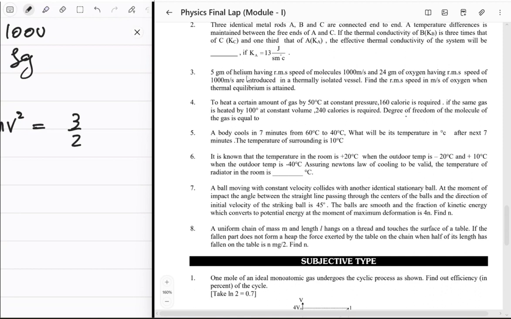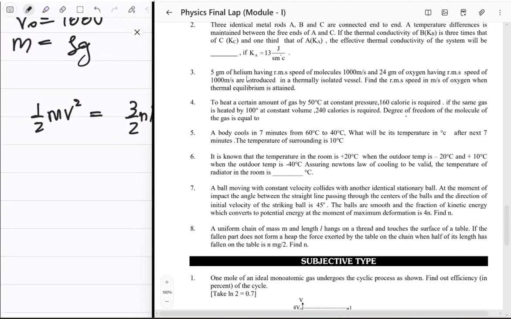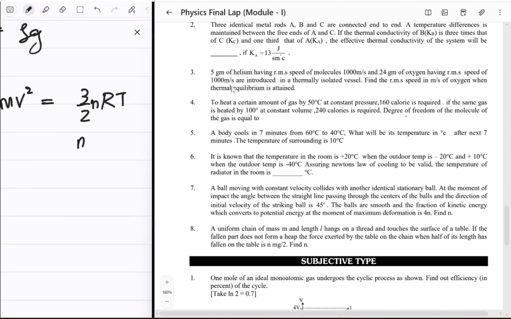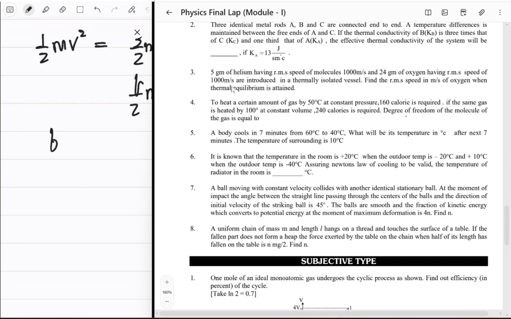Sorry. 3/2 nRT. Yeah, that's the thing. So that was the thing. We need the total energy, right? Total energy is just nCvT, which is degrees of freedom upon 2 times nRT, right? So what we want is F upon 3 of this, so F upon 3 of half mv squared. That's the total energy basically.